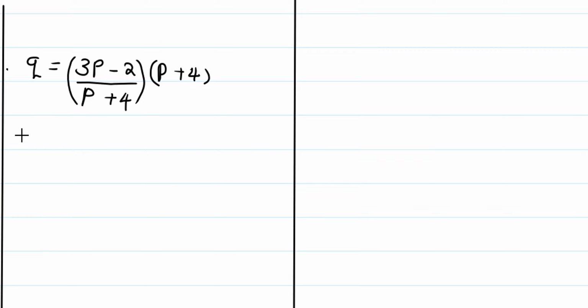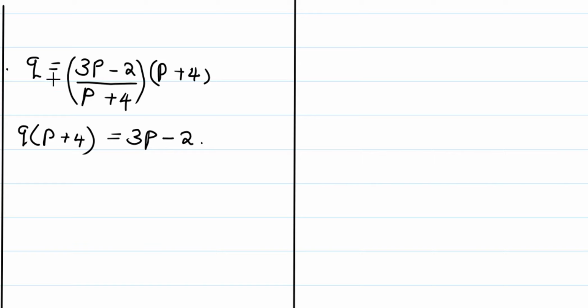So I'll again multiply it with p plus 4. So I need to say q into p plus 4, is equal to, but you see this p plus 4 will cancel with this one, so I'll only remain with the numerator, which is 3p minus 2, like that.